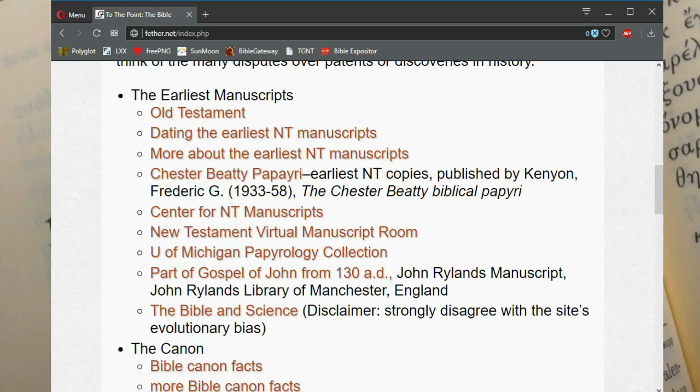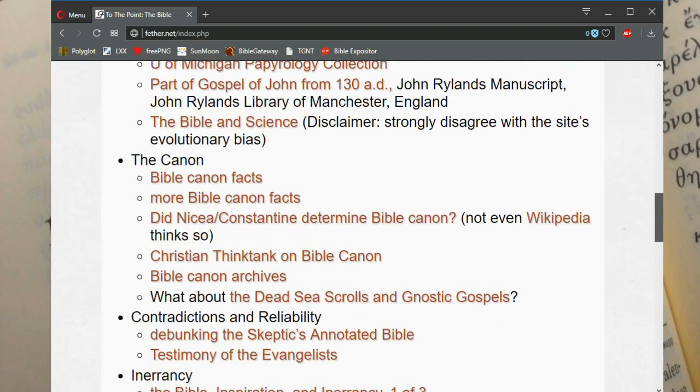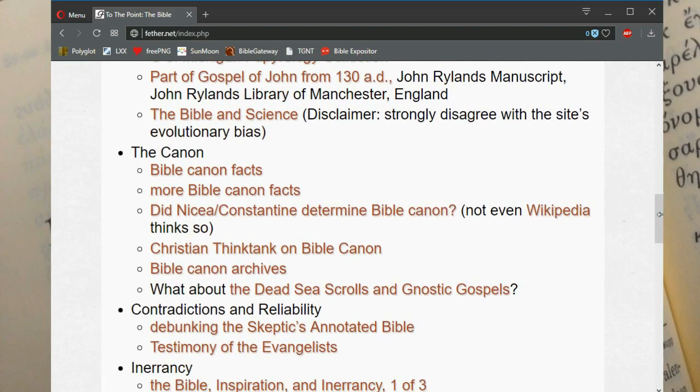So, that being the case, we have established that the Bible is a reliable text, and there have been no discoveries of any sort that have shown the Bible to be historically inaccurate.